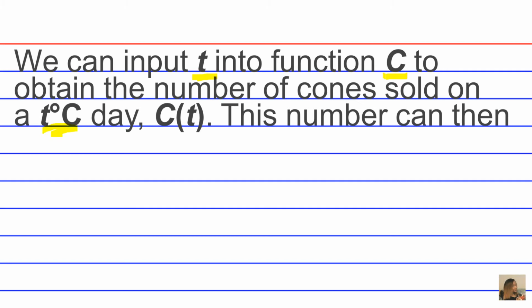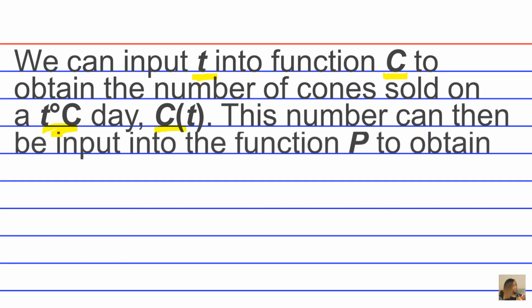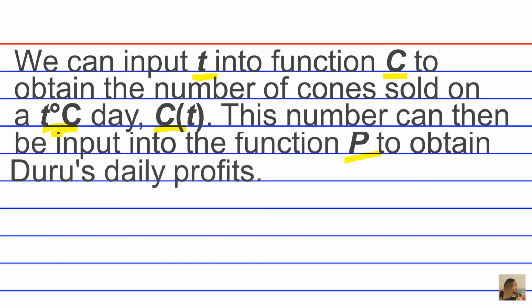That would be C(T). This number can then be put into the function P to obtain Duru's daily profit. Let's find P(C(T)) by substituting the formula C(T) into function P.